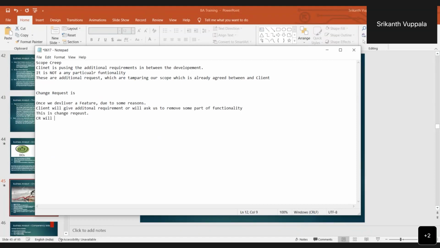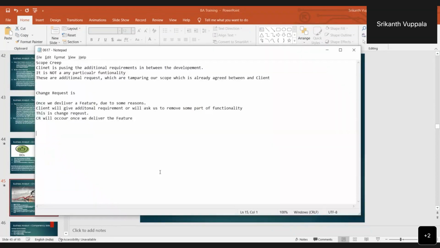So a CR will occur once we deliver the feature. Scope creep will occur when we are in between the development. These are the additional requirements the client gives us. But a change request occurs once we deliver that feature, and the client gives an additional requirement to alter that functionality. You're understanding, right? Yes. So this is the main difference between scope creep and a change request.